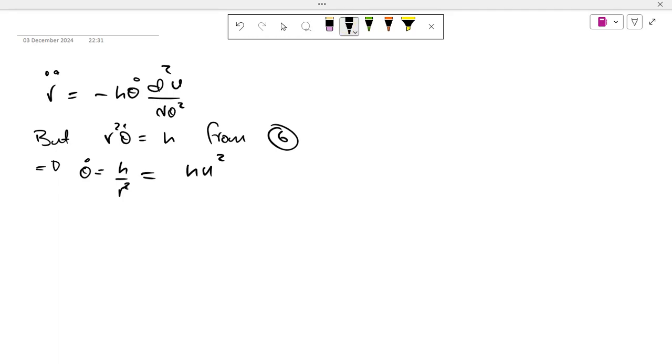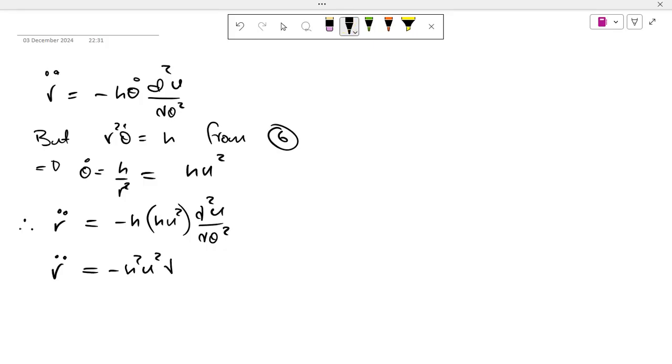So therefore, R double dot is equal to minus H times H U squared D squared U by D theta squared. Okay, so therefore R double dot is equal to minus H squared U squared D squared U by D theta squared. Now, we're nearly there. We're on just another couple of equations and we'll be finished.